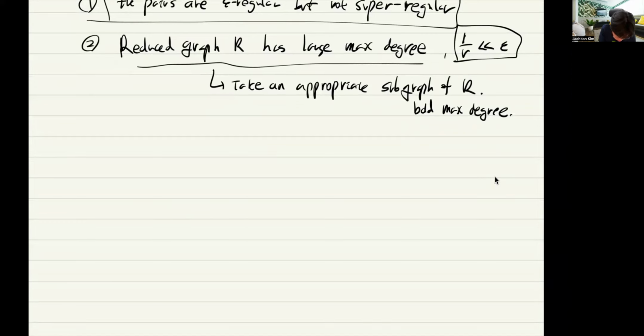So one property is that, let's assume that, again, epsilon is small.